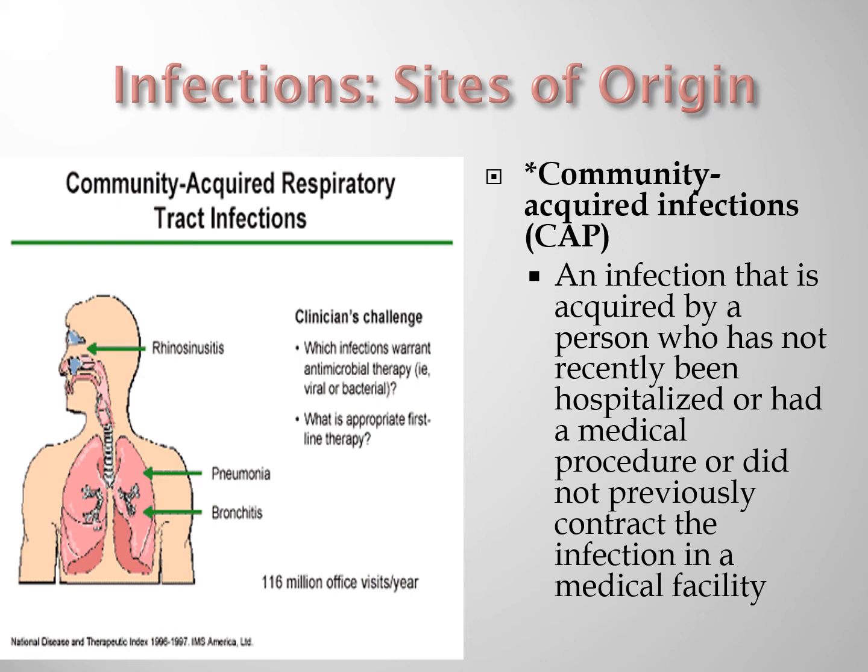And the main reason why we want to know this is hospital-acquired infections can be much more difficult to treat. They tend to have a much higher level of resistance to antibiotics compared to community-acquired infections. So it's important for us to distinguish where the patient was when they acquired the infection.